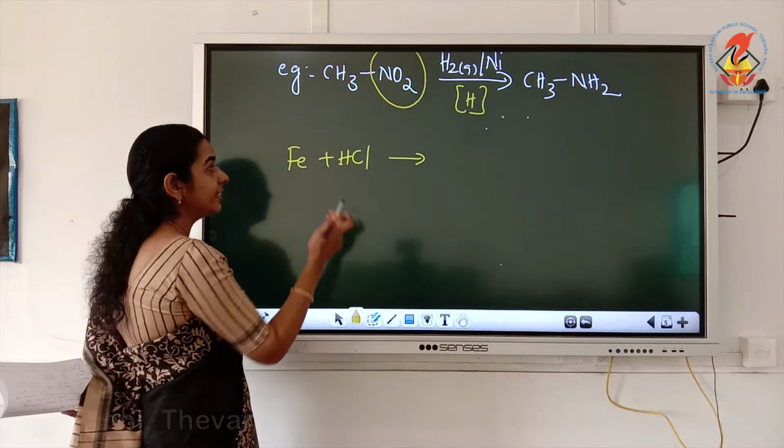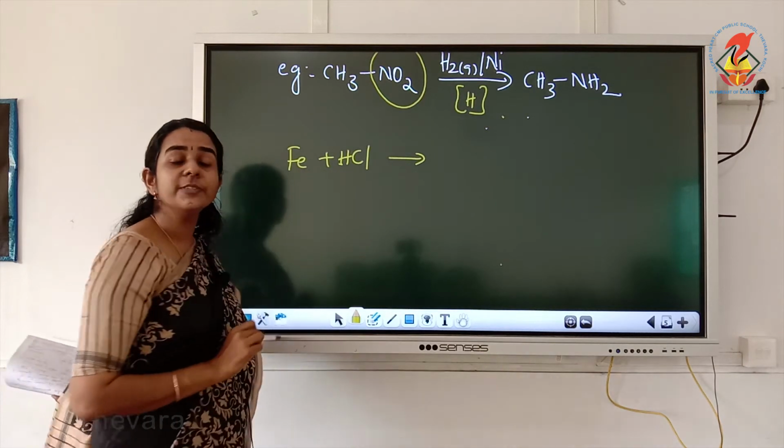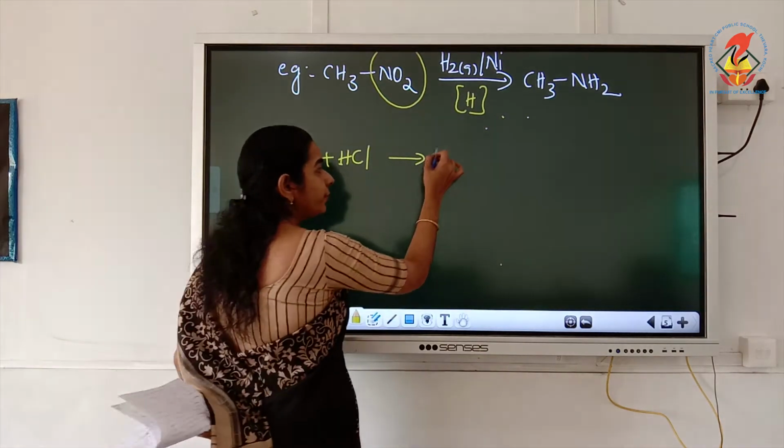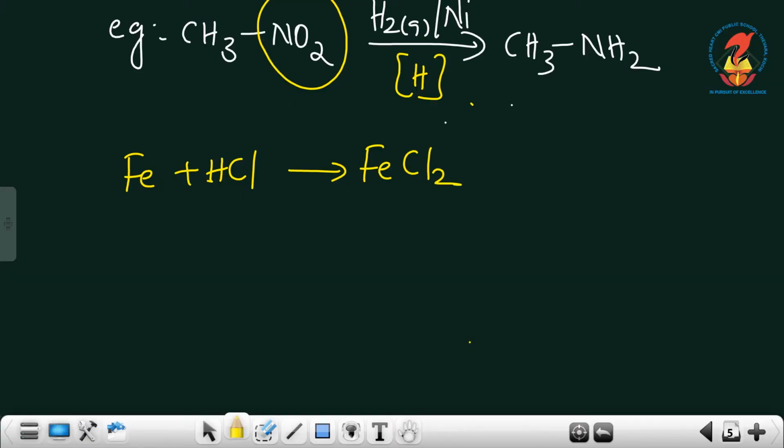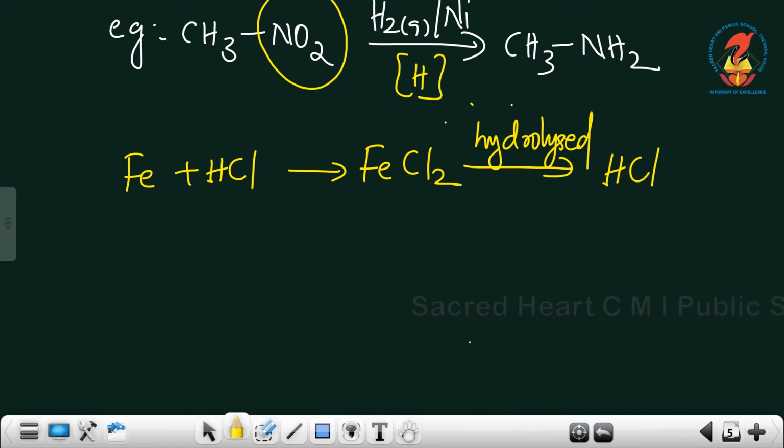Because when scrap iron reacts with hydrochloric acid, first it forms ferrous chloride, that is FeCl2, which will be readily hydrolyzed to produce hydrochloric acid.